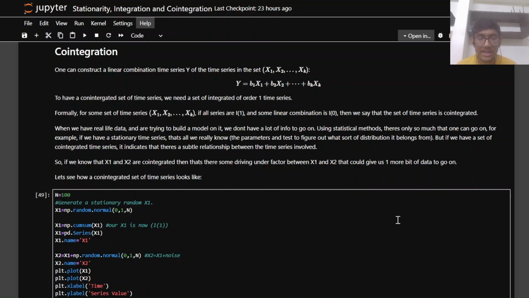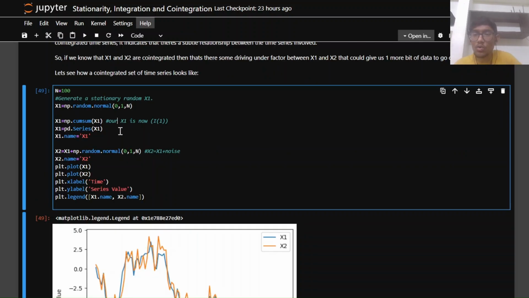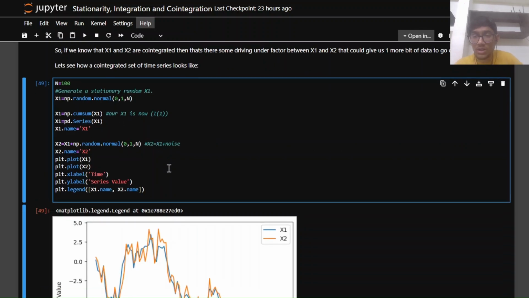But if we get to know that we have a set of co-integrated time series, then it indicates that there is a subtle relationship between the time series involved. So if you know that x1 and x2 are co-integrated, then there is some underlying driving factor between x1 and x2 that could give us a little more information that could be helpful in our analysis. So now let's look at how a co-integrated set of time series would look.